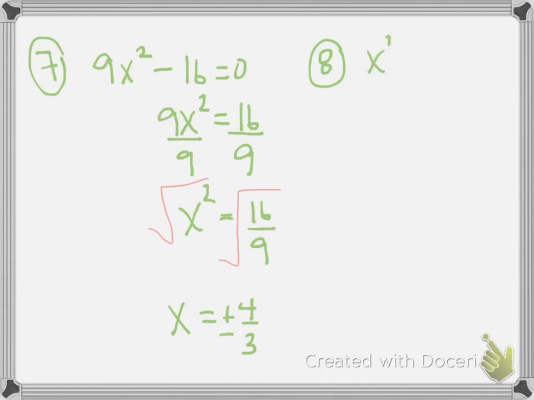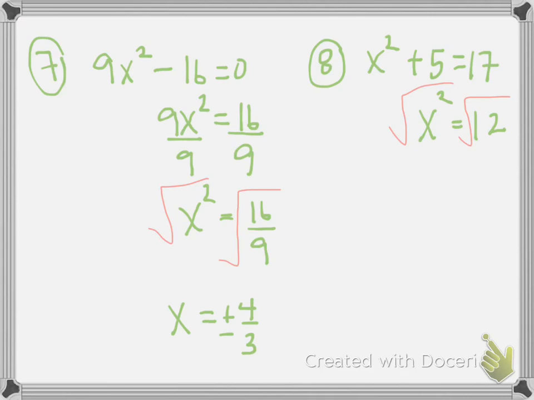Let's do one more. Sometimes they may not be a perfect square, so you can either leave them in that form or turn them into a decimal. So let's isolate the square here. So I'm going to subtract 5. So I'm going to get x squared is equal to 12. And then take the square root of both sides.